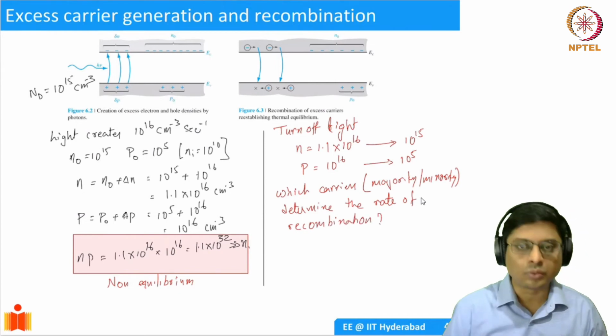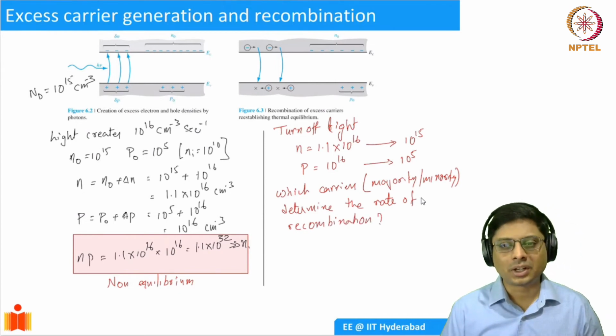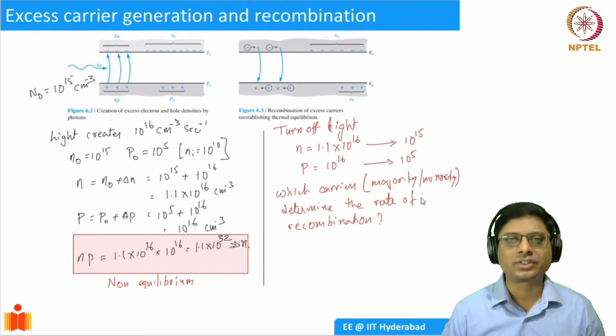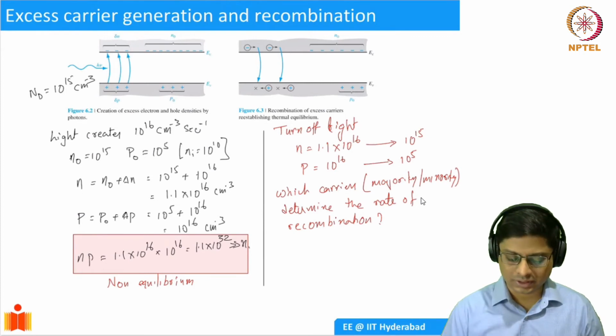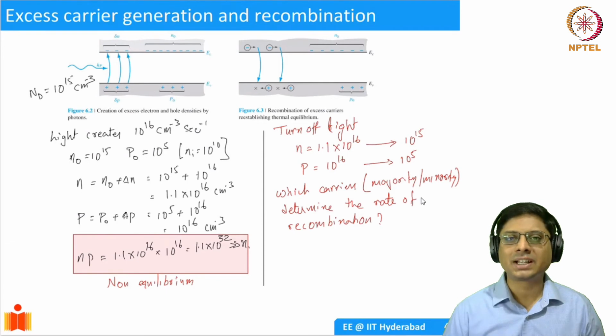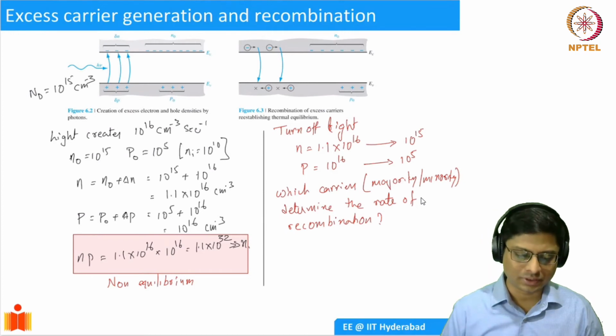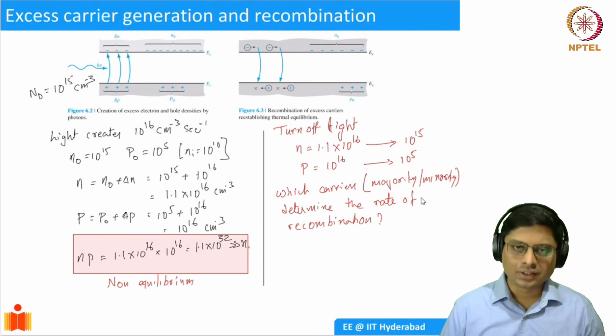What determines this? You saw that when an external stimulus perturbs the electron hole densities, the majority carriers are not significantly affected, but minority carriers are significantly affected, depending on the strength of the perturbation. But when will the electron hole pairs recombine?